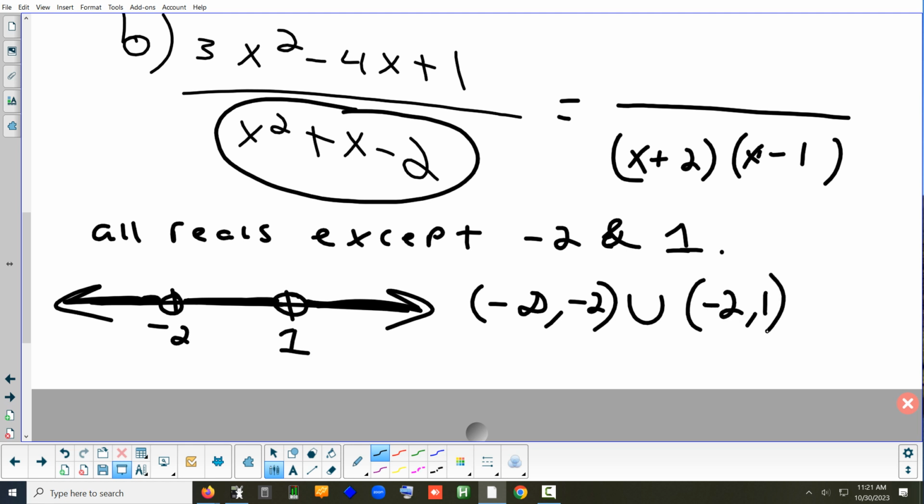Remember, parenthesis means you cannot include the number at the edge of the interval. And how would you describe the last one? Yep. Parentheses 1, positive infinity, parentheses. Perfect. So the top would be a sentence. The bottom is an interval. Okay. Question on that one?